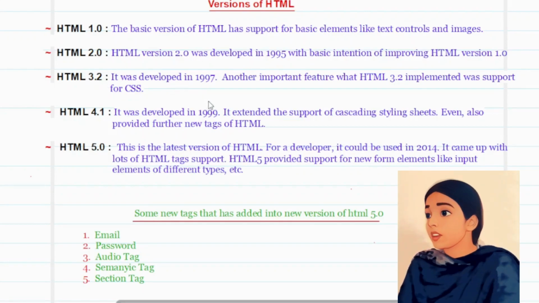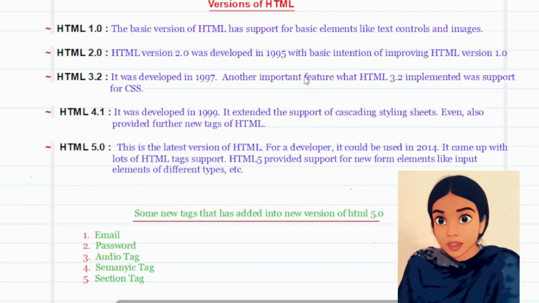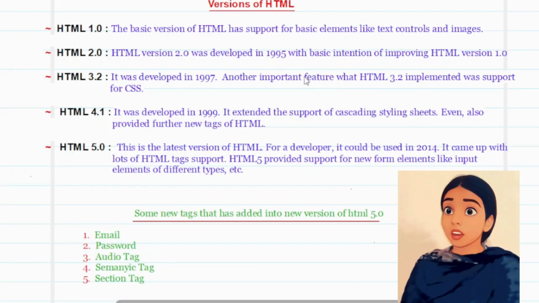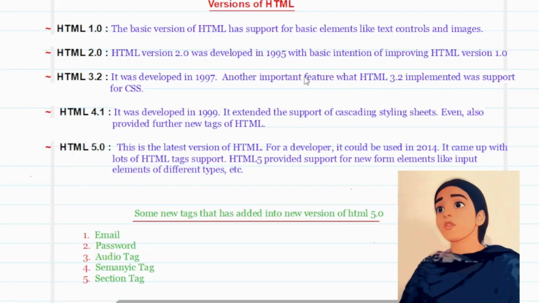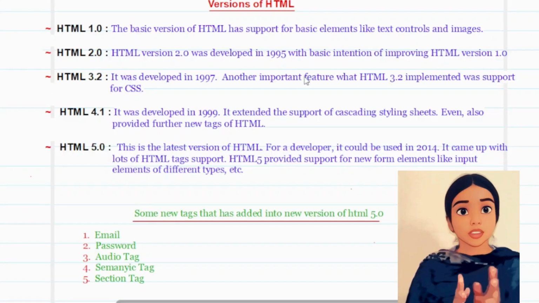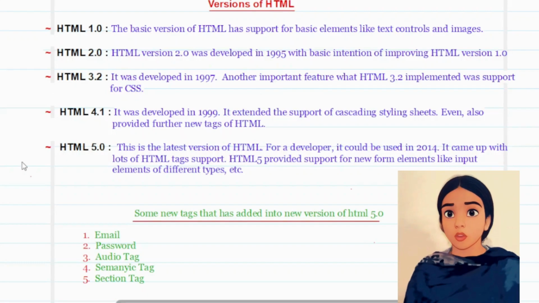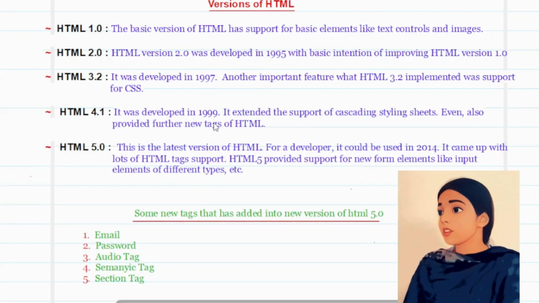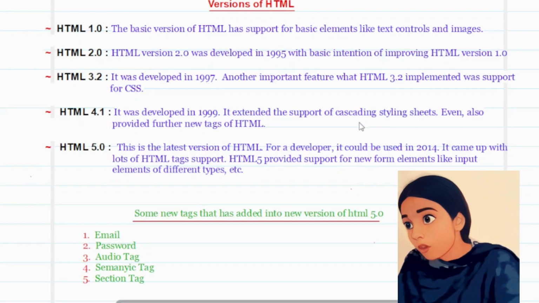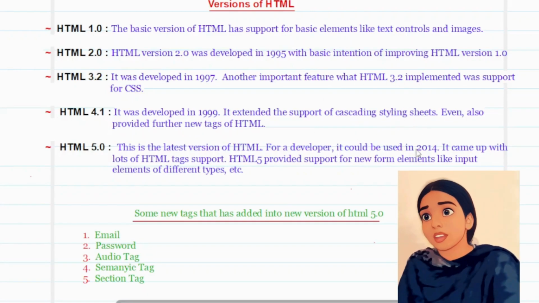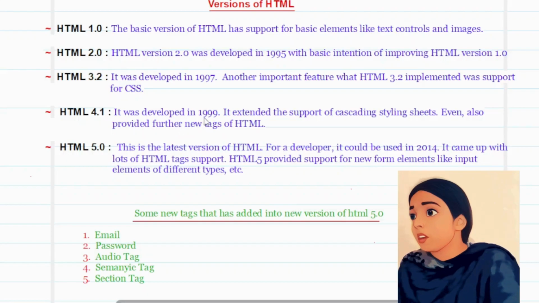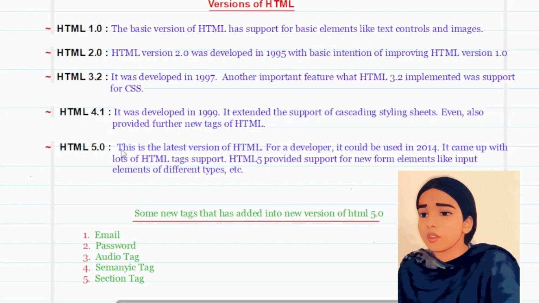The third one is 3.2. It was developed in 1997, and it came with an important feature of HTML: styling for documents. And the fourth one was developed in 1999. It extended the support for CSS, meaning cascading style sheets, and it also provided new tags of HTML.